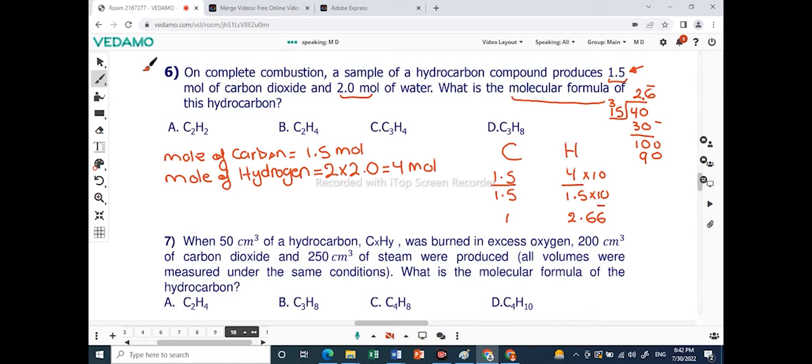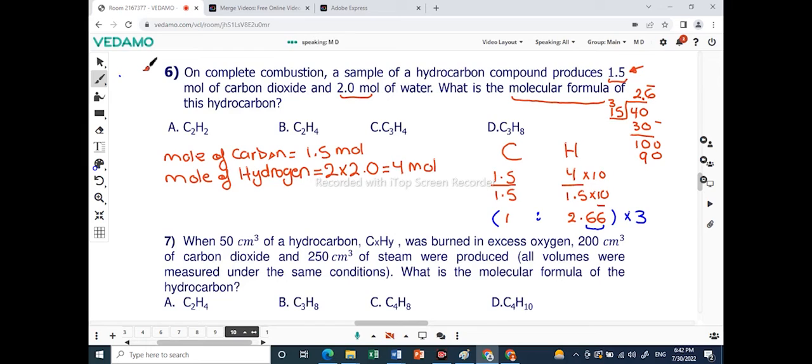Now you need to remember another time that if you have a 2.66, as you have a decimal of 6, as I also told you in our previous lesson, it's not allowed to round, so you're going to multiply by a number. And I gave you all the possible decimals that come inside the exam. So here you're going to multiply by the 3.